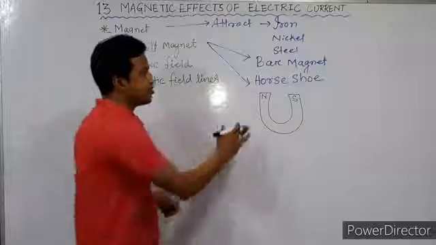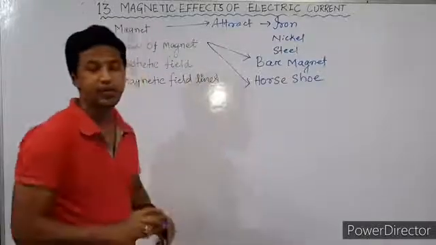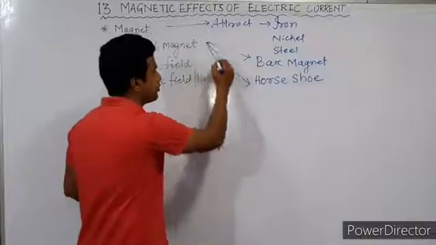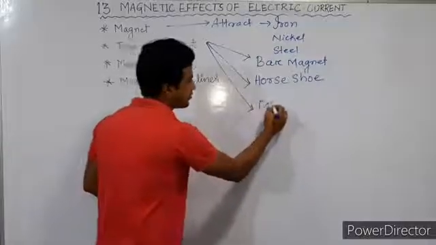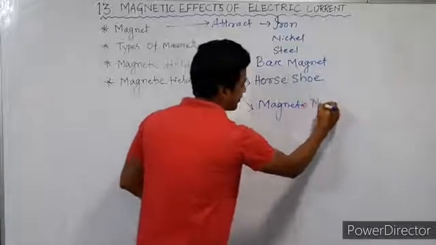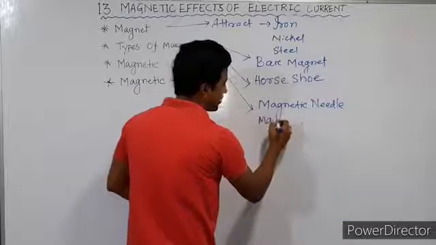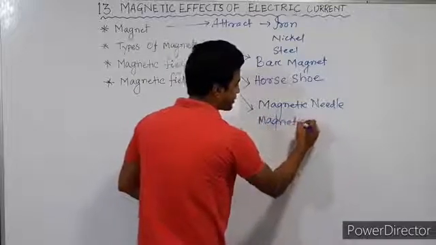Last, we are going to find out the third one, that is called a magnetic needle, or it is also called a magnetic compass.